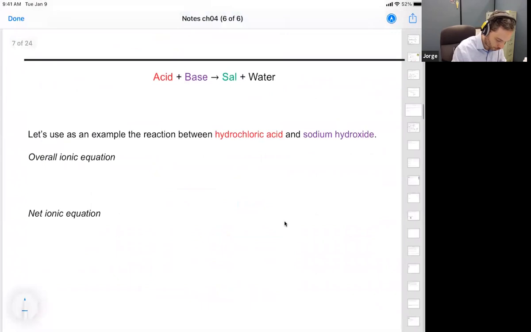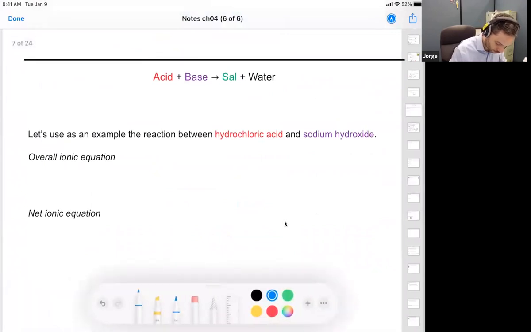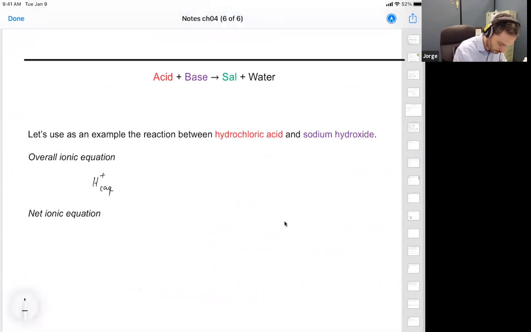So let me rewrite here the overall ionic equation. So we have here H plus, Cl minus, sorry, H plus Cl minus reacting with Na plus, OH minus, producing Na plus, Cl minus, and water.